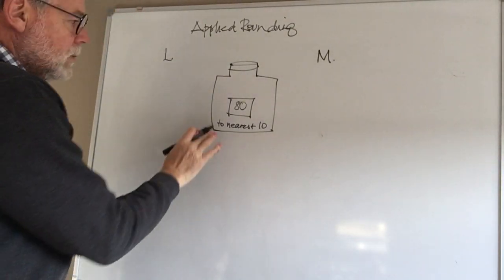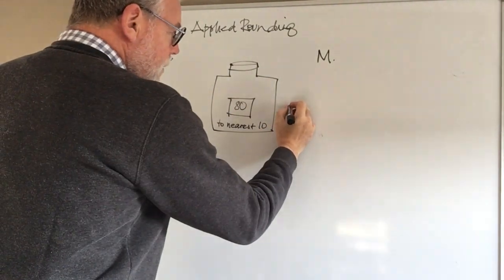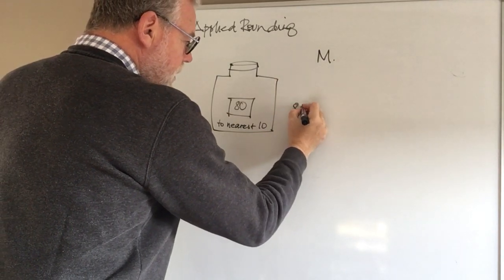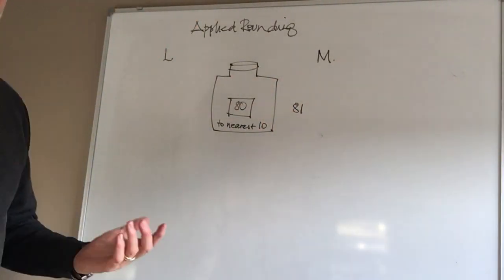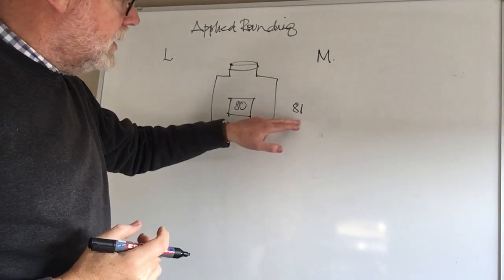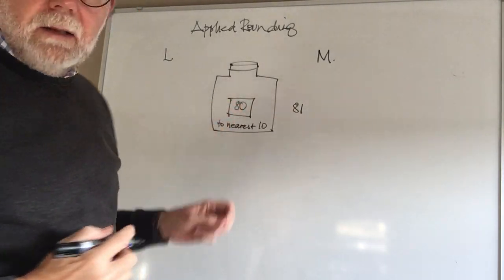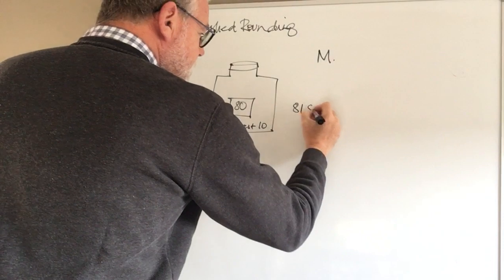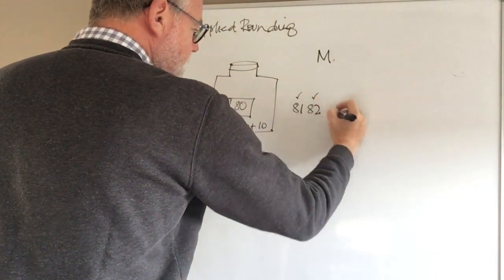Well, if we count on from 80, we could always ask ourselves the question, 81, does that meet the criterion? Yes, it does. Why? Because 81 would round down to 80, wouldn't it? 82, yes, same principle.